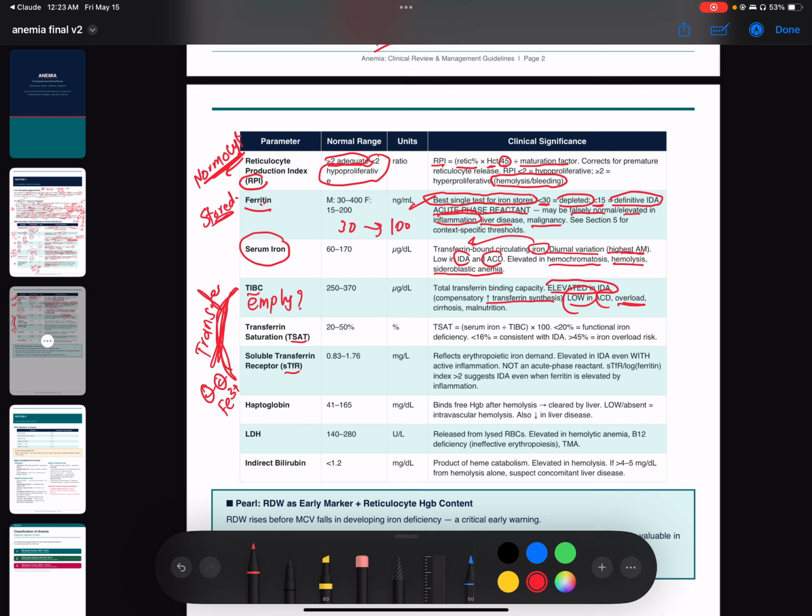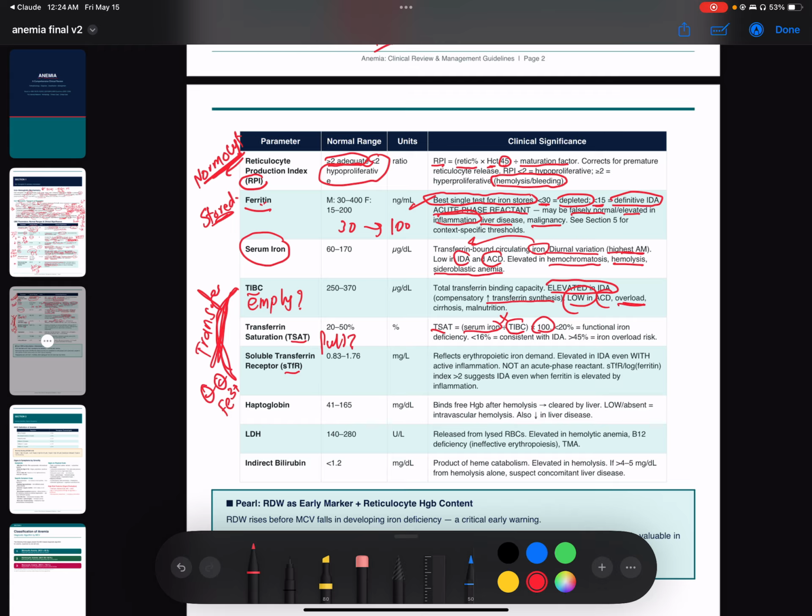Transferrin saturation is just the opposite. So TSAT equals serum iron divided by TIBC, multiplied by 100. Since it's divided by TIBC, it's the opposite of TIBC, right? What this actually means is how many seats are full.